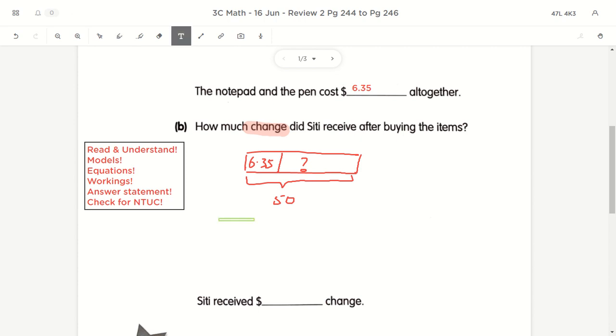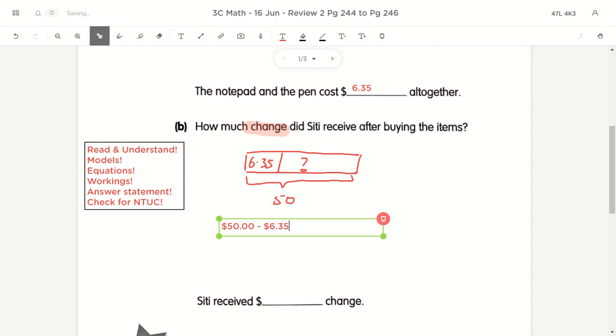Okay, so straightforward. Okay, for this I'll use dollar sign because it's more obvious here. When I use a complete dollar to minus, make sure I put the 0.00. For equations like this one, it's not so important to put the 0.00, but later for working, make sure that you put the 0.00 at the back of 50. That's very important.